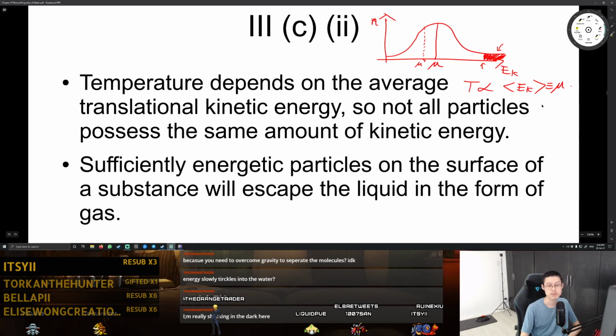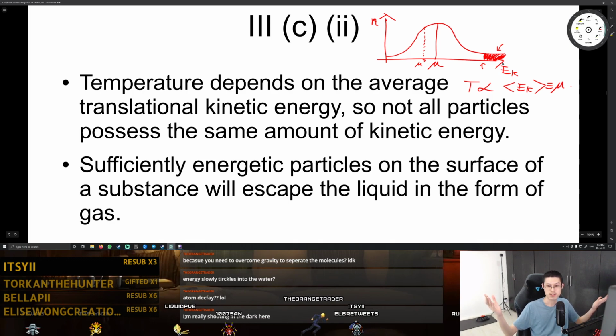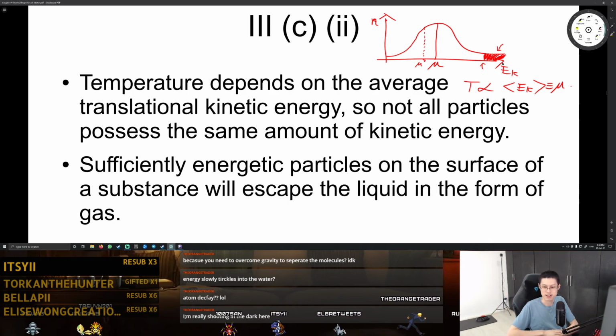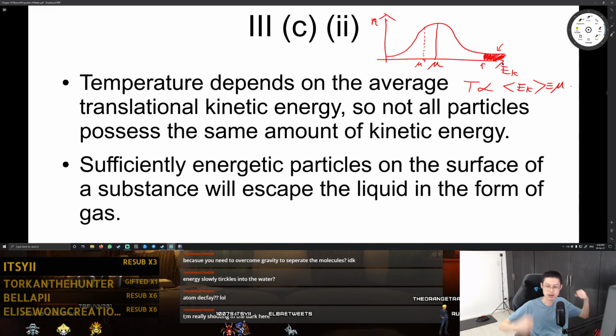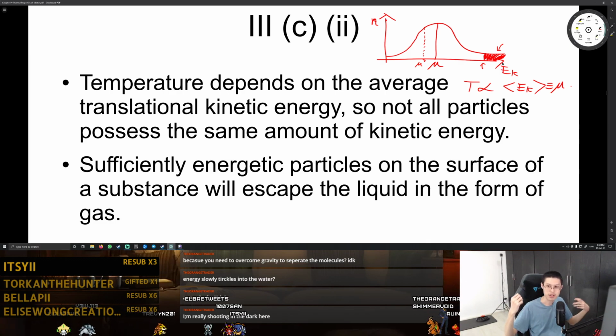So this is the working principle behind why we sweat. After some intense workout, you get all sweaty, right? And then the sweat evaporates. So what happens when the sweat evaporates?